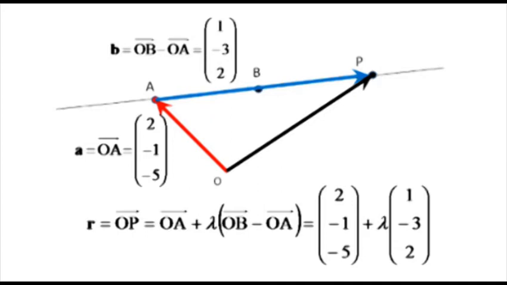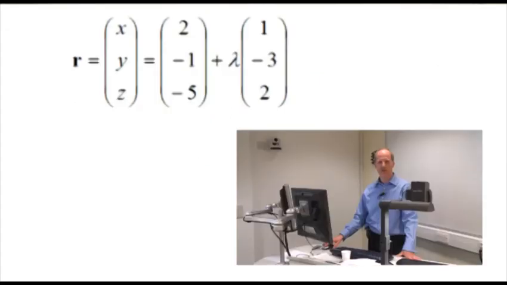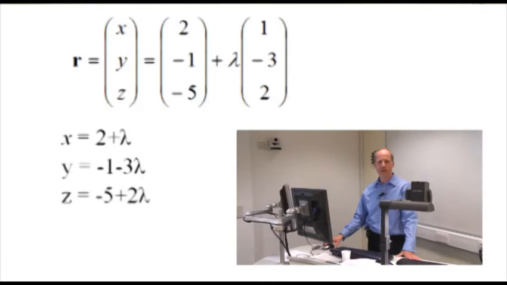We can think of the vector equation for r as 3 separate equations for the x, y and z coordinates of the general point on the line. Here x is given by 2 plus lambda, y is -1 minus 3 lambda, and z is -5 plus 2 lambda.